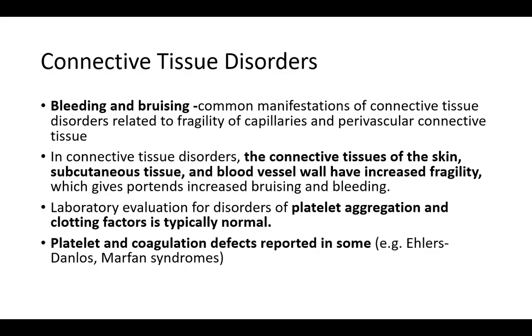Clotting factors are normal. In some cases you may have some problems, but in general platelet aggregation and factor levels are normal. When you have coagulation defects, you should suspect certain disorders such as Ehlers-Danlos or Marfan syndrome.